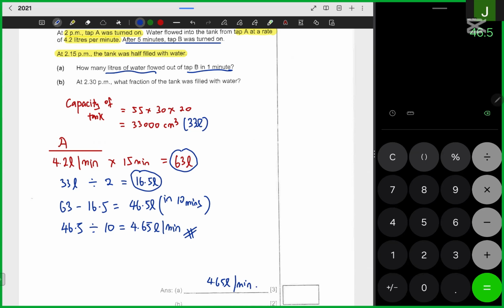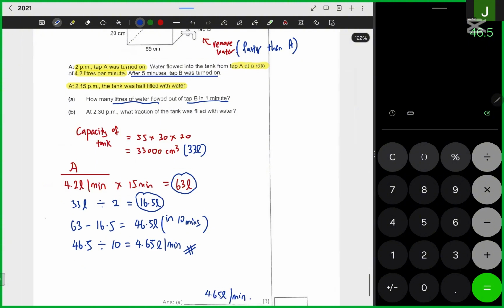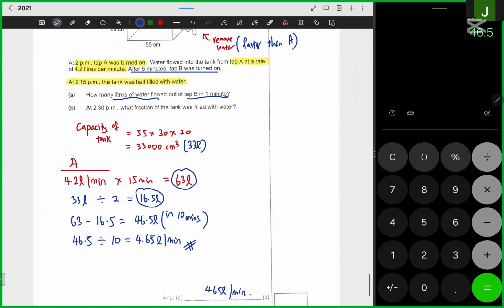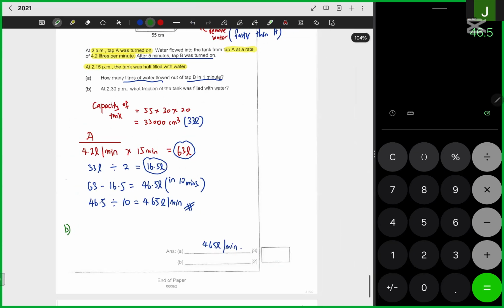Okay, at 2:30 p.m., what fraction of the tank was filled with water? Let's see. At 2:15 it was half filled, am I right? So another 15 minutes went by. What will happen?